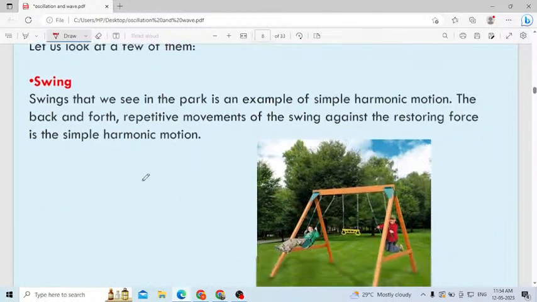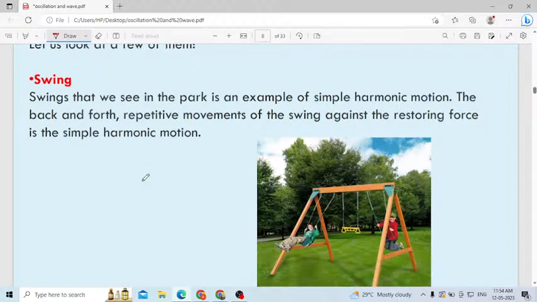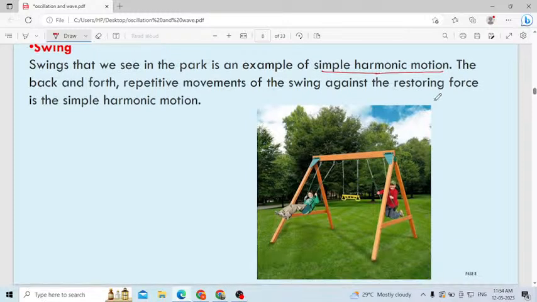Let us discuss a few more examples of simple harmonic motion, SHM. Swings that we see in the park are an example of simple harmonic motion. Best example. Normally, in daily life we will see this one. Here, these two kids are swinging.